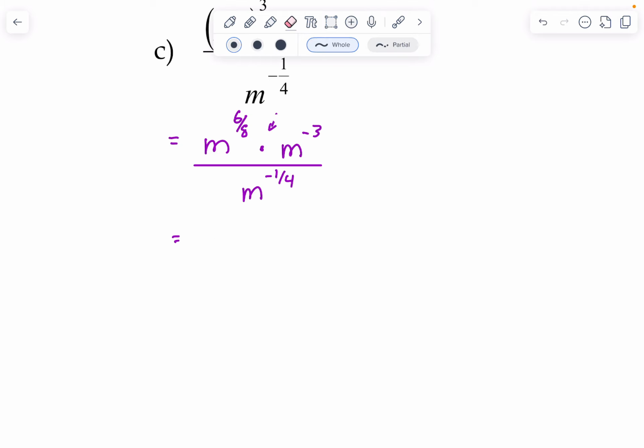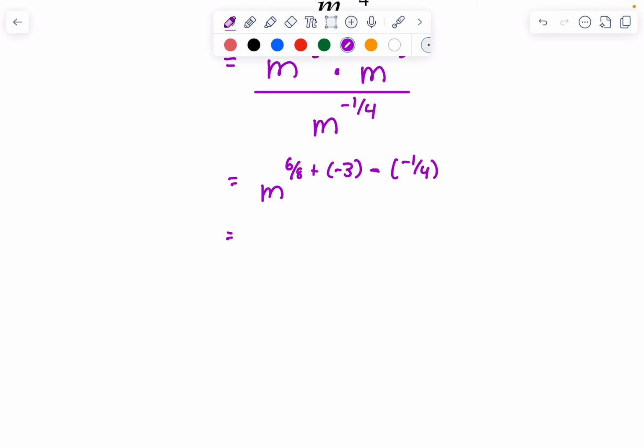So up top, I have multiplication. So I will add in my exponents. 6 over 8. And then I'm going to have to be adding the minus 3. But eventually, you're going to have to subtract, because you have an m on the bottom, this exponent, right? So you can get faster and you can start doing it all in one line. So I'm going to subtract negative 1/4 as well.